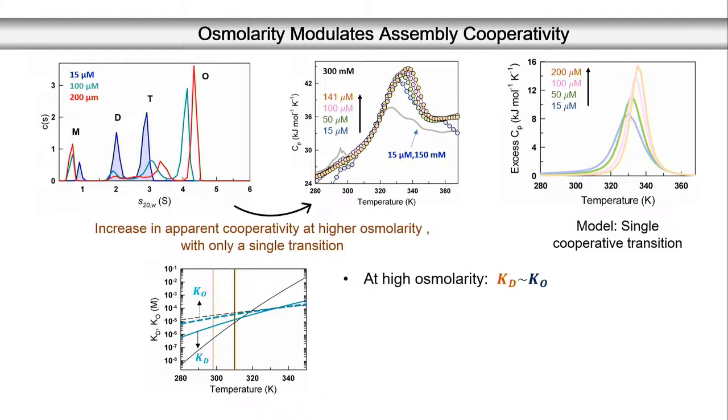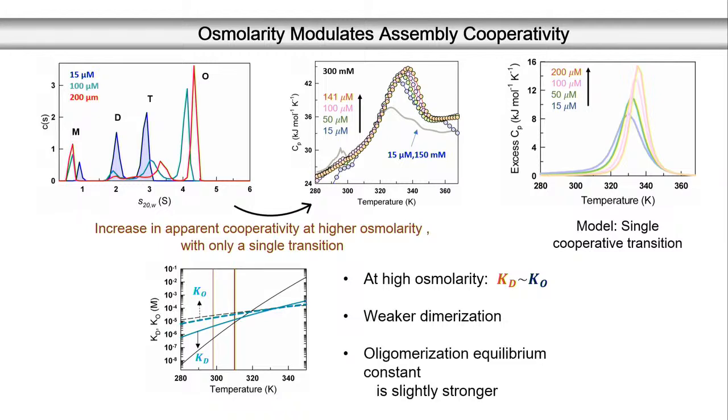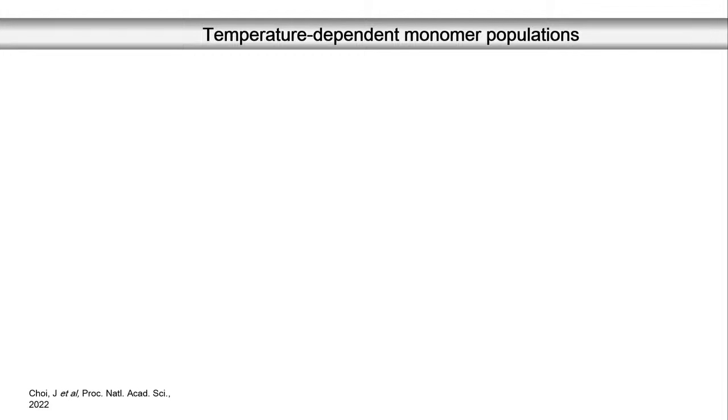Right, so at higher osmolarity, Kd becomes very similar to Ko, and hence there is a weaker dimerization, and the oligomerization becomes slightly stronger, as I am showing you in reference to the 150 millimolar ionic strength data. So effectively, when you change ionic strength condition, the bacteria is able to somehow sense this because there is an interplay of these particular oligomerization constants.